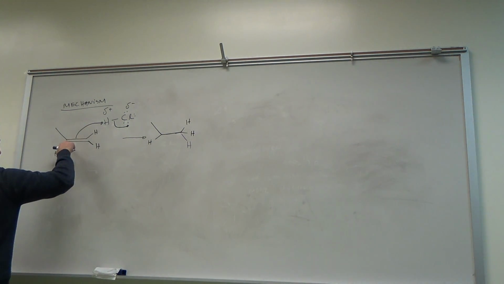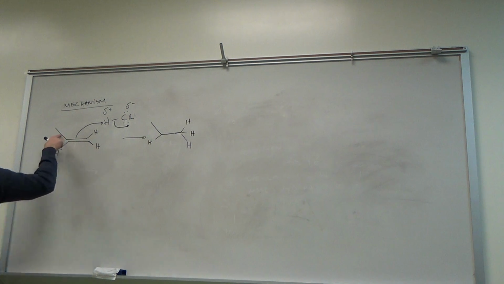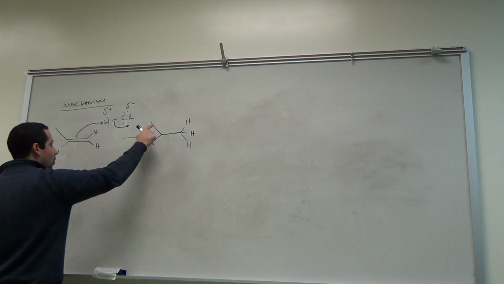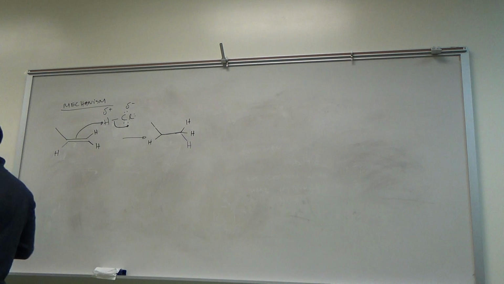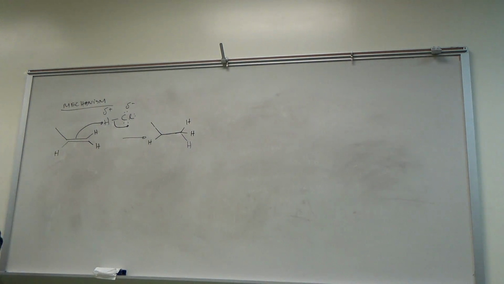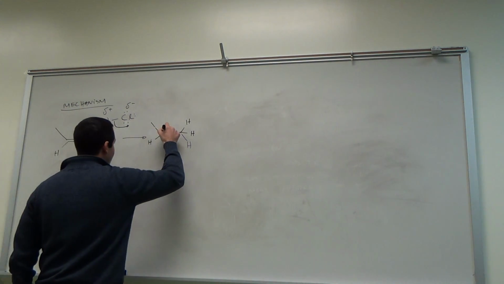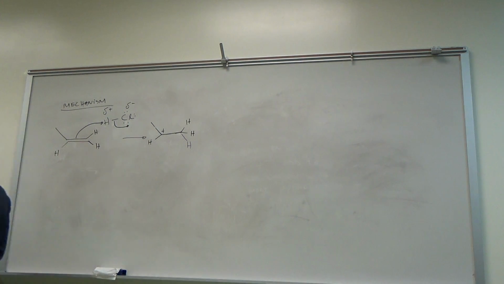Now this carbon that had the double bond now has 1, 2, and 3 bonds. So that has a formal charge of positive. Everybody has to know that that is a formal charge of positive. Positive carbon cation. And this carbocation, yes, that's what we call it, carbocation.